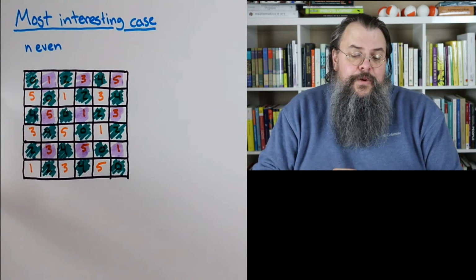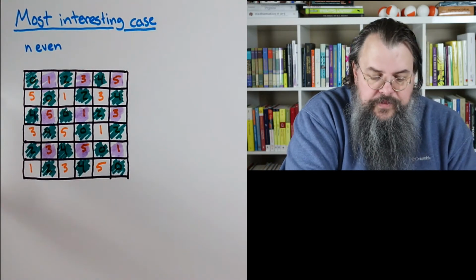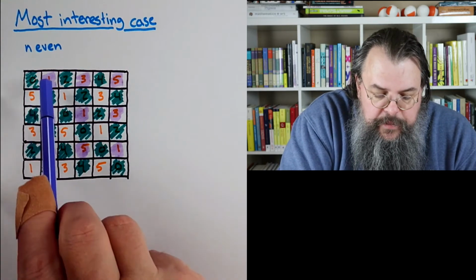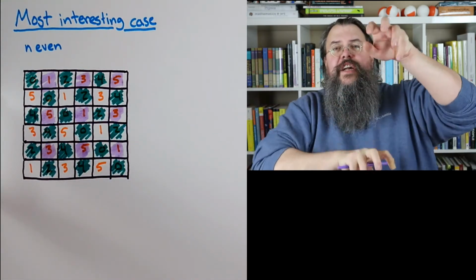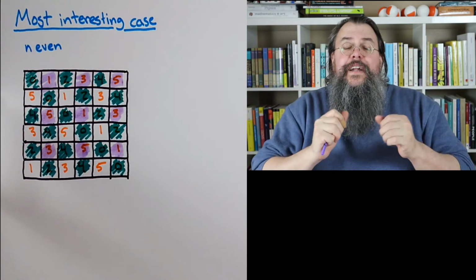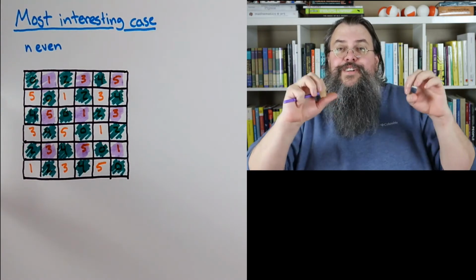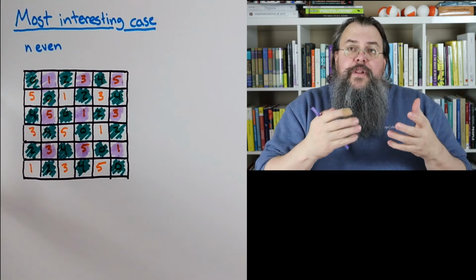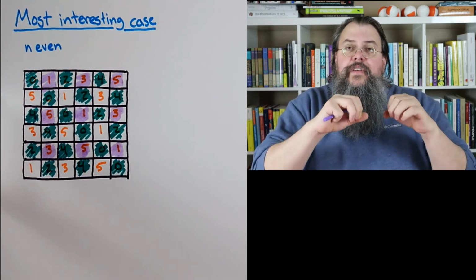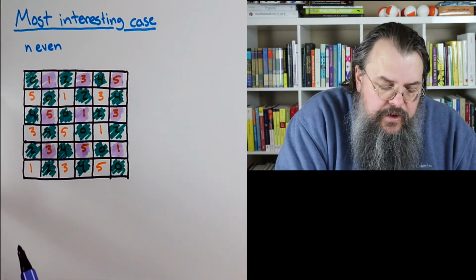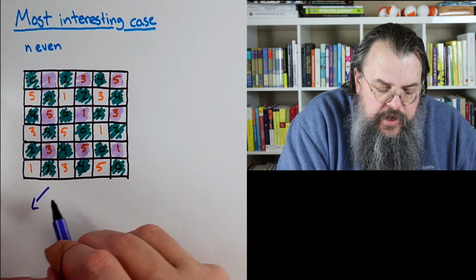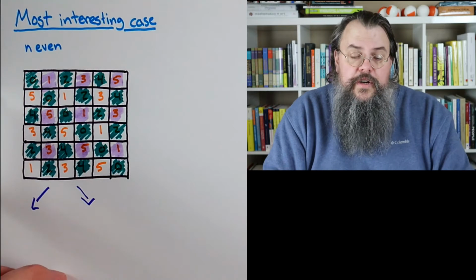What's true is that if you look at the purple, it's really a 3x3 board that's been stretched a little bit. And similarly, the white is again a 3x3 board, it's just been stretched a little bit. So it's like we're putting rooks on two smaller boards.